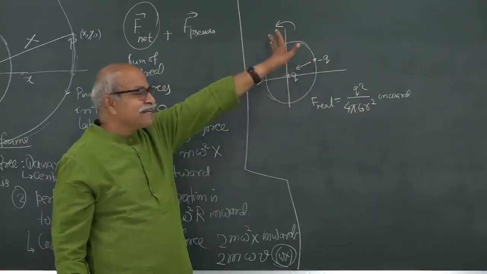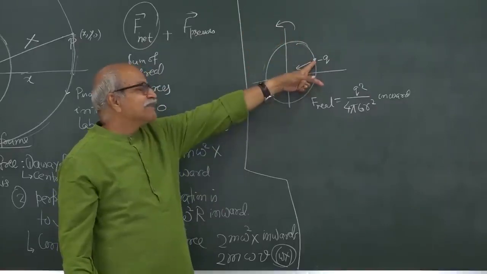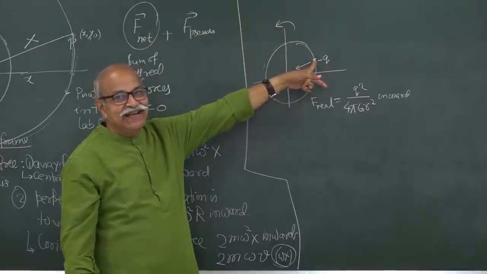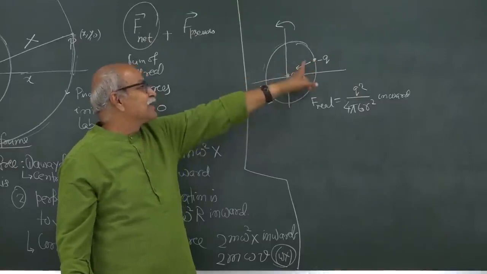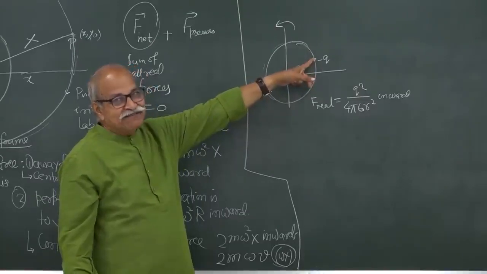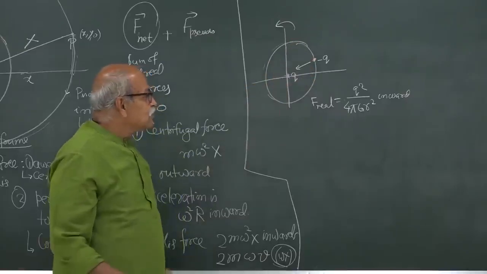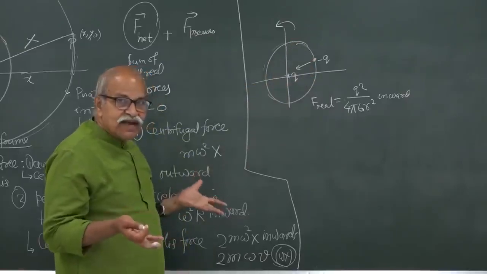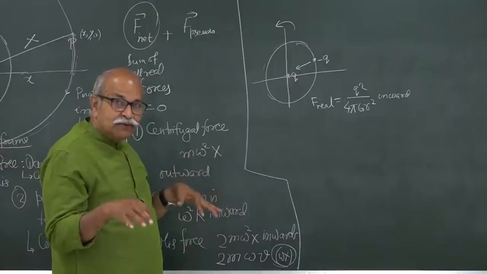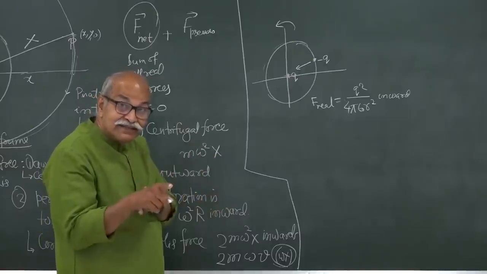My frame is rotating, and from that frame I am analyzing the motion of this particle, and in that frame, in this particular case, the particle is not moving, it is at rest, and therefore what pseudo force do I require? The total force should be 0, the particle is at rest.